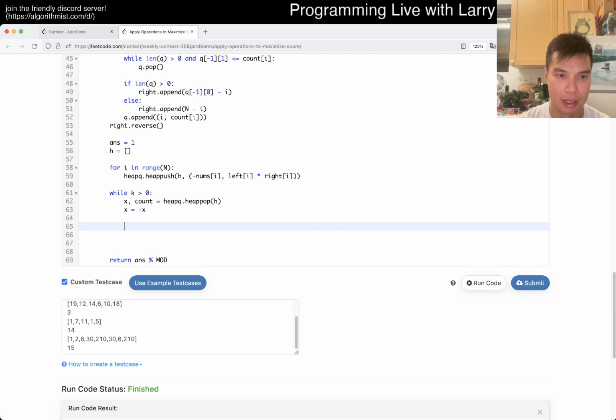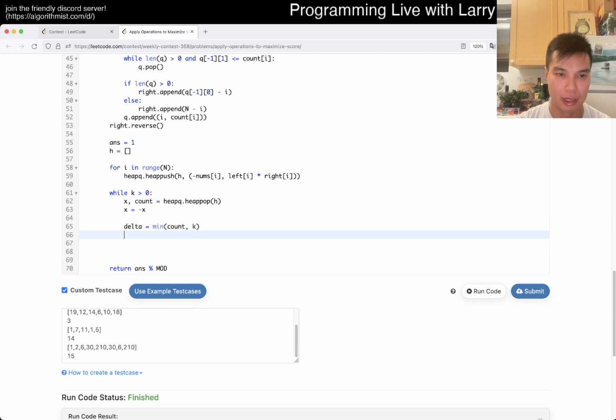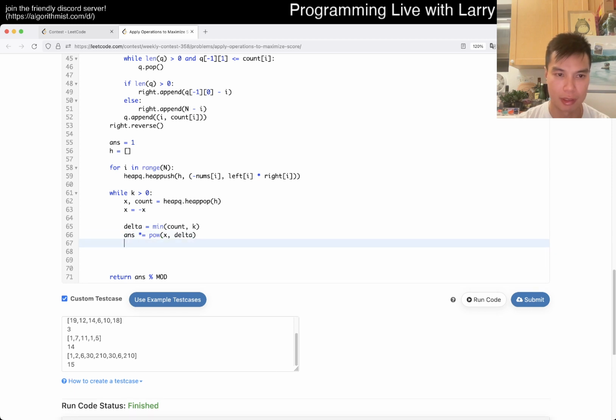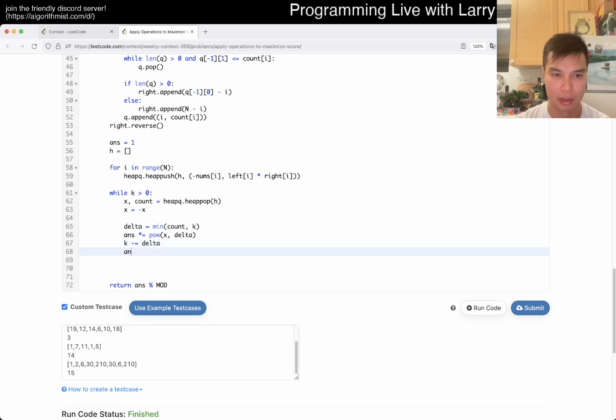So then delta is equal to min of count, k, and then basically we want to say answer. We want to do it on mod pow. We do x to the delta times, and then k to the delta, and then also do a mod. Why not?